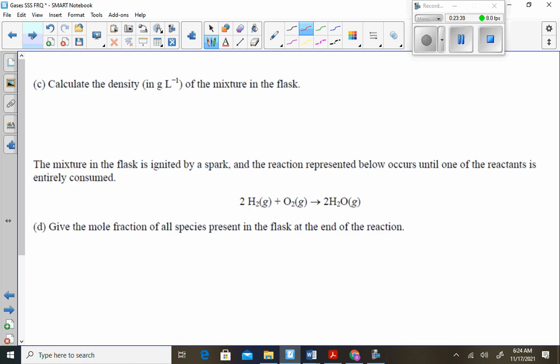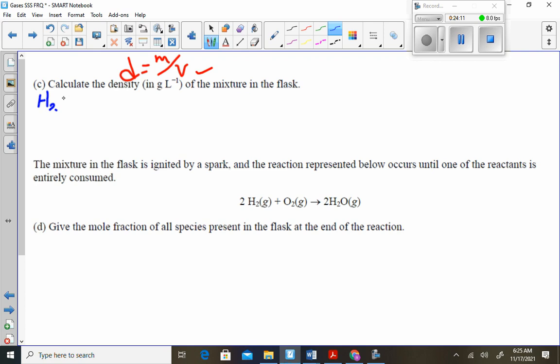Our next step tells us to find the density of the mixture in the flask. So to find the density is mass over the volume. And we know the volume, it's 8.2 liters, but we do not know the mass. But we can easily find the mass of each of those substances.